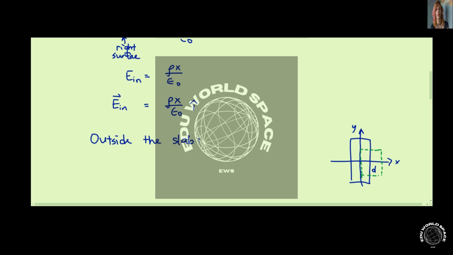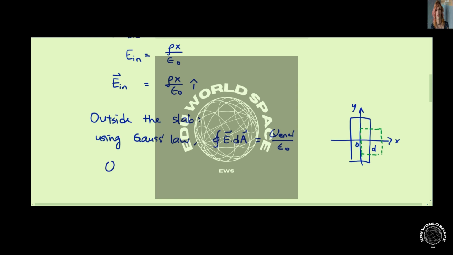Using Gauss's law, the surface integral of the electric field, which is the electric flux, is equal to the charge enclosed divided by epsilon naught. In this case, the charge enclosed is rho A times d, because it's only this part.